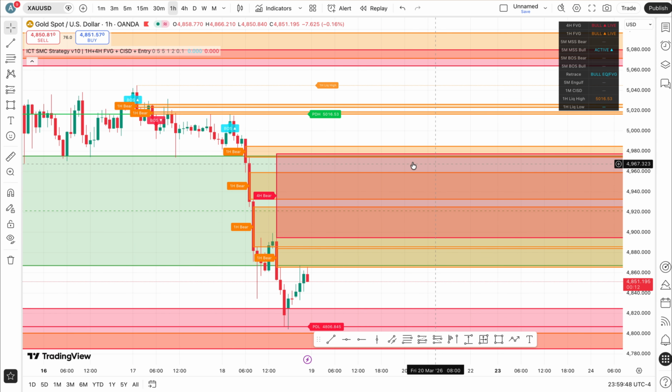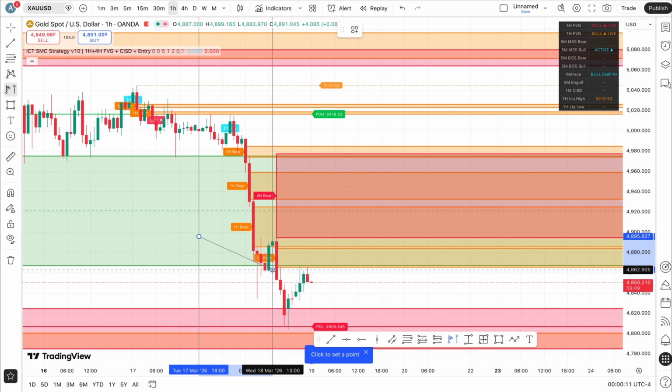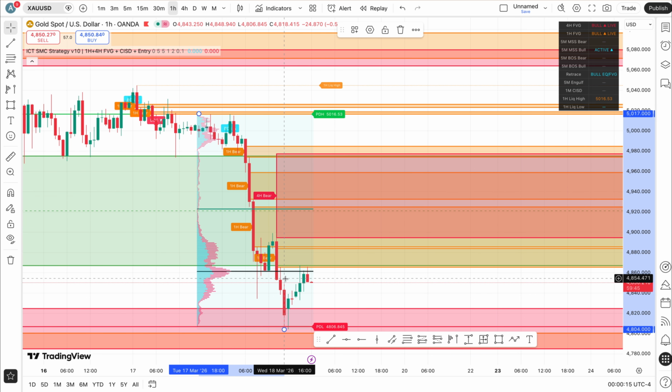The indicator has marked all of the inefficiencies. However, we need to mark the previous day's volume profile. We will now start with that. So as usual, we go to 1800 of Wednesday, right? This was 1800 until 1600 of Wednesday, right?